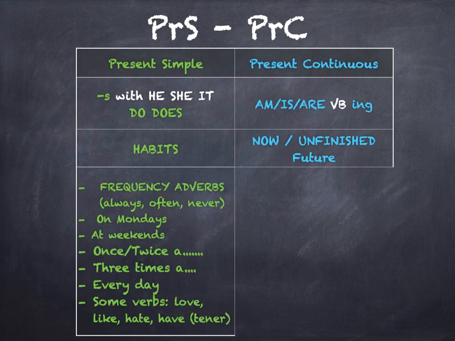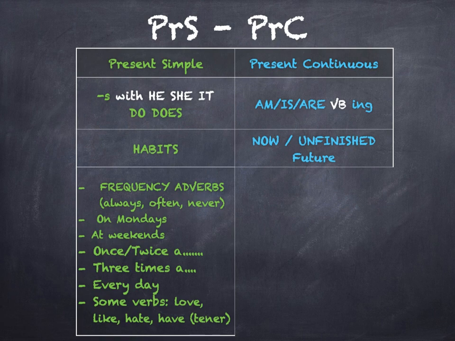So the adverbs I will use with the present simple are basically frequency adverbs that tell me how often I do the action, right? How often does that event happen. For example, always, often, never. Also, with the days of the week, adding an s at the end, for example, on Mondays or at weekends, with an s at the end as well.